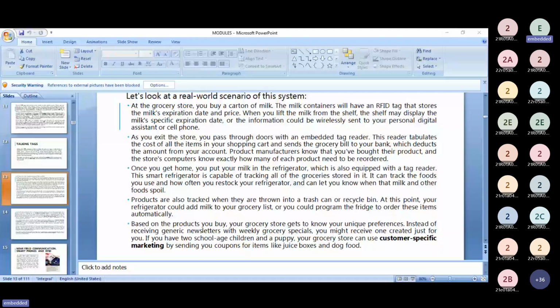Next, is there anyone who can explain a simple example scenario in your day-to-day life where an RFID tag would be used?